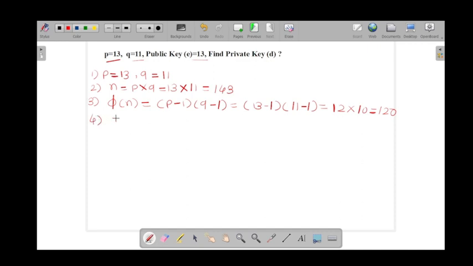And the fourth step, E is given. That is 13.